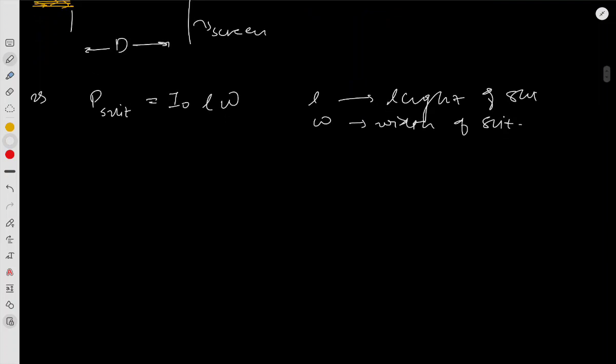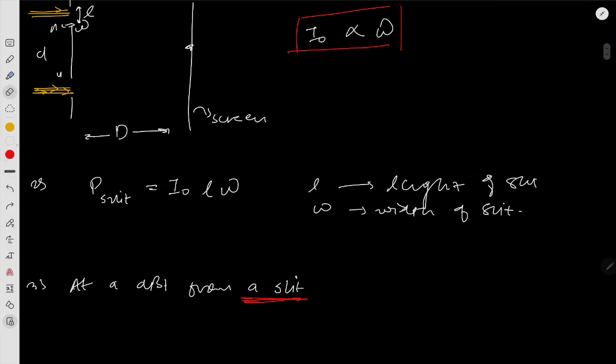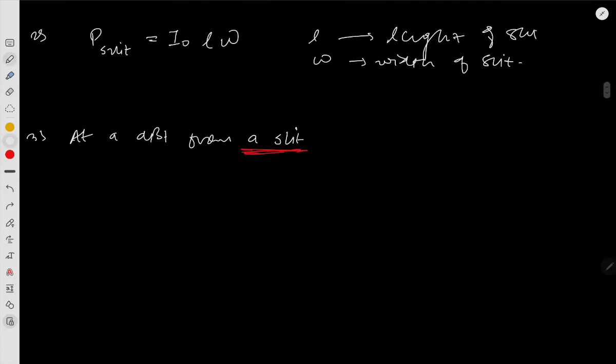And now from here we can find the intensity at a distance from a slit. This is important because till now we were taking everything from the central bright, this point C, but now we are taking it from a particular slit. So this is quite interesting to remember.